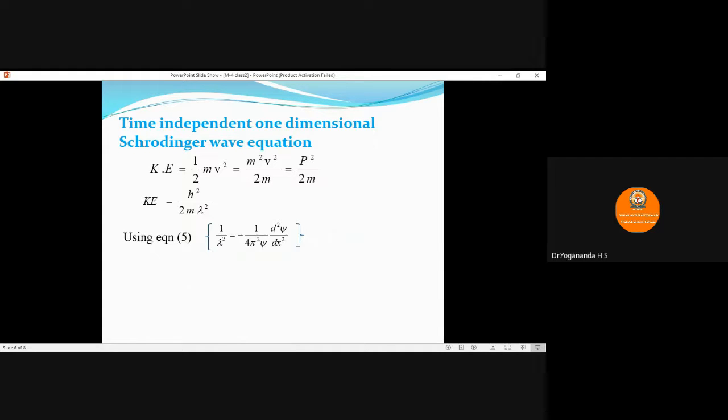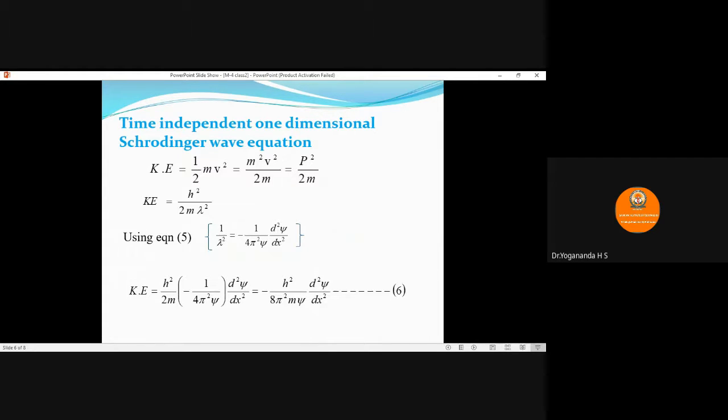Now substitute this value in equation number 5. We have the value of 1 by lambda square from equation number 5, which is minus 1 divided by 4 pi square psi into d square psi by dx square. The expression for kinetic energy becomes h square divided by 2m into that value.